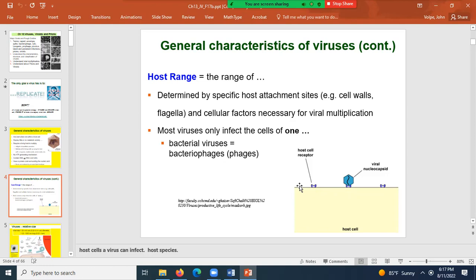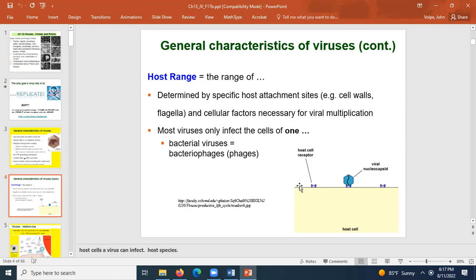Any question about that? So most viruses can infect only one or very few host species. There are some exceptions, but most can only infect one or very few species.